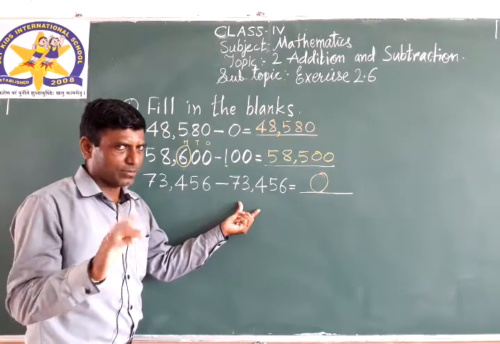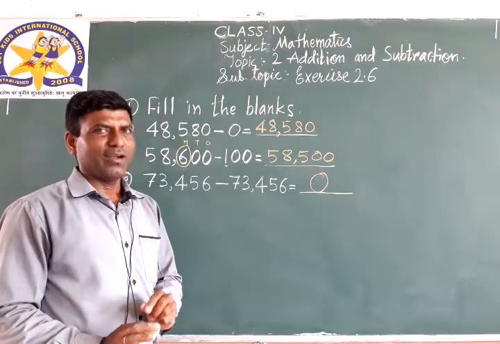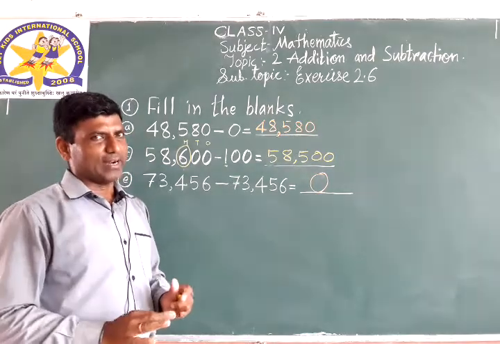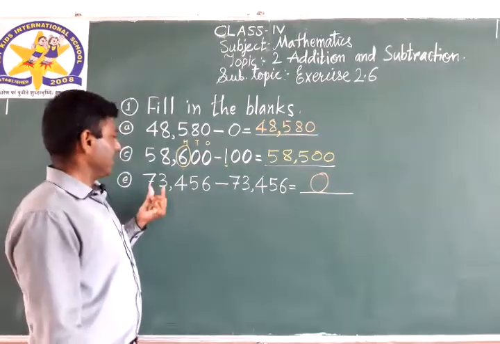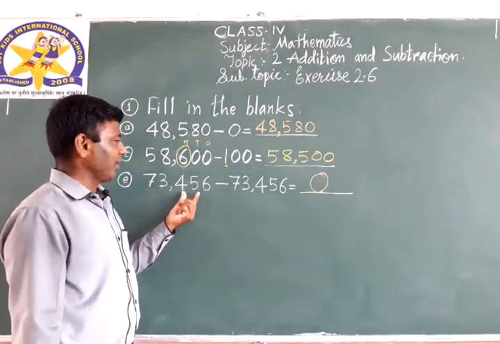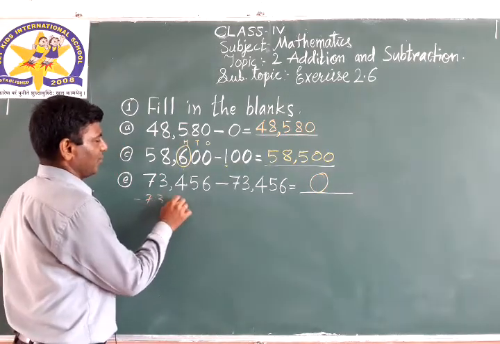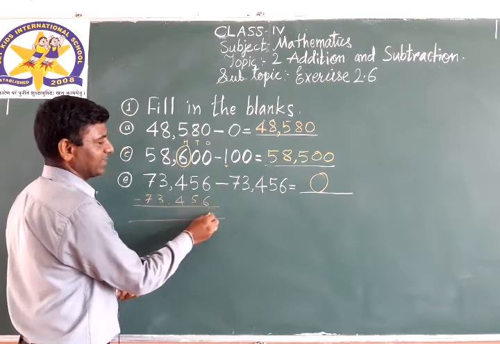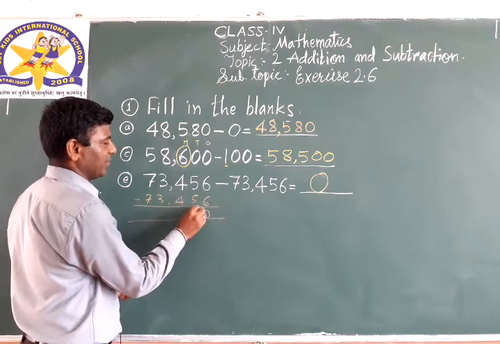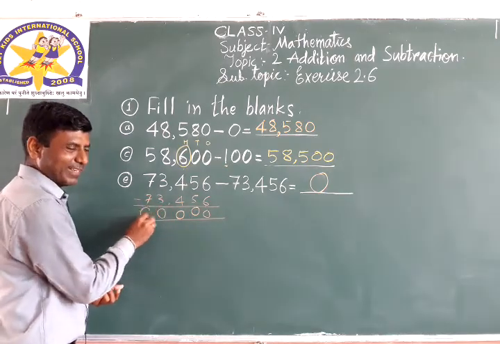4 minus 4, 0. 100 minus 100, 0. 2500 minus 2500, 0. Same here, 73,456 minus 73,456. 6 minus 6, 0. 5 minus 5, 0. 4 minus 4, 0. 3 minus 3, 0. 7 minus 7, 0.